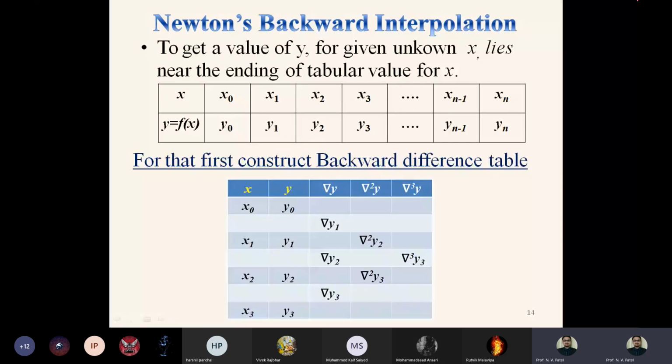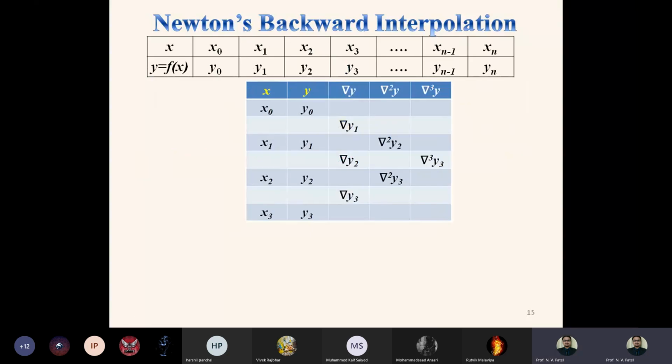So in this case, to apply Newton's backward interpolation, first construct the backward difference table. The table is similar for backward difference and forward difference. In the table you just have to do lower minus upper, lower minus upper, lower minus upper.